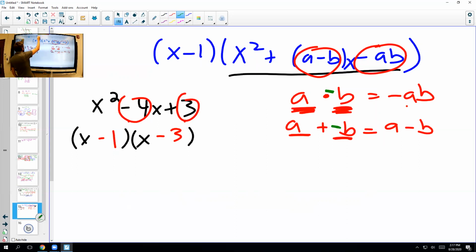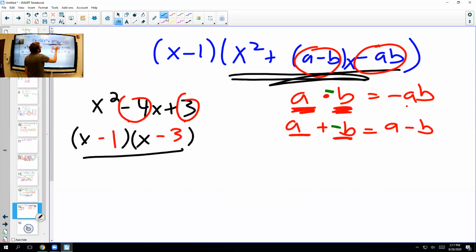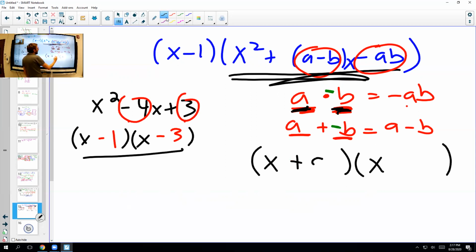So now I can factor it just like I did over here. I can factor this thing right here. So it's going to be x and x, and it's going to be, well, it's those two things that I found, right? The plus A and the minus B. Great, now I've totally factored my problem.